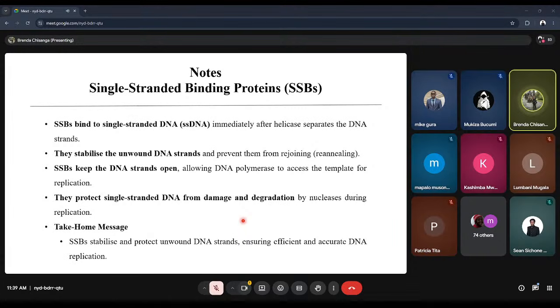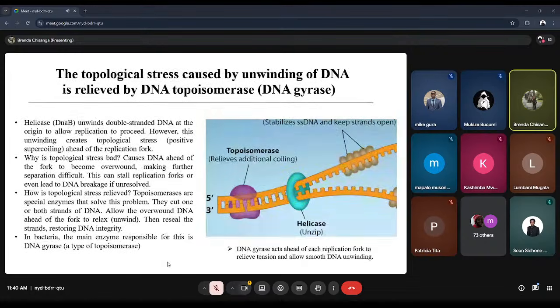Imagine yourself holding two strings that have been wound together. When you open a single patch, as you continue unwinding, they're going to create strain up front. And there's going to be pushback. You don't want pushback, because the machinery that's replicating is going to collapse, so you need to recruit someone who can come and relieve that strain.